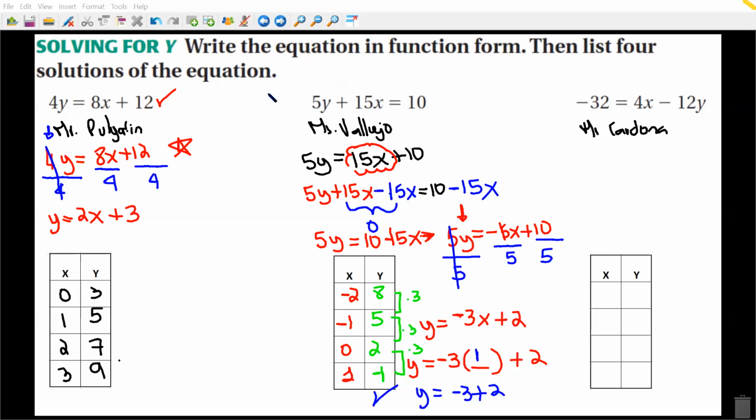How would you solve this exercise, buddy? Teacher, I don't understand a little bit of the replace with the 12y. Okay, great. Mr. Cardona, thank you for asking a question.